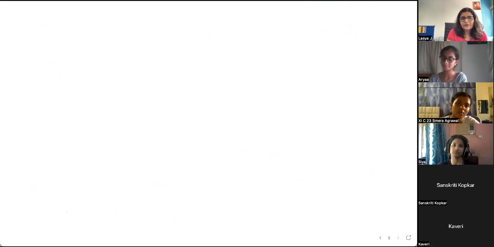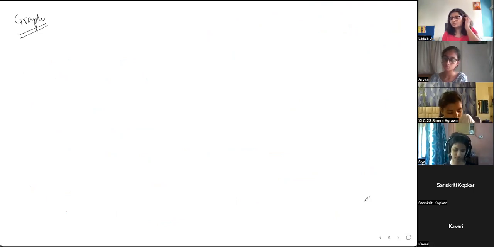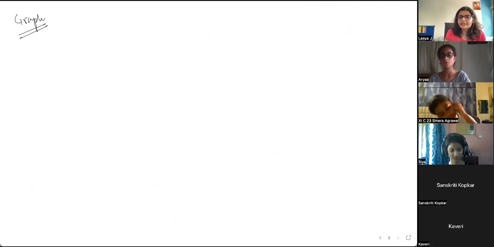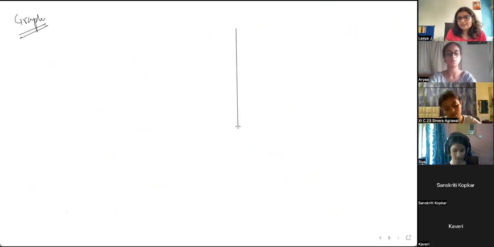Okay, the next thing is the graph. Because we are dealing with P1 and P2, two components, both have vapor pressures, so the graph will be slightly different. Here we will consider two y-axes.